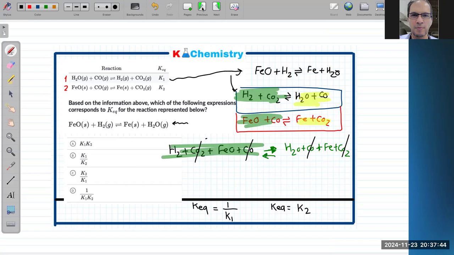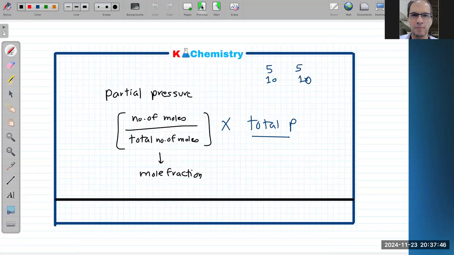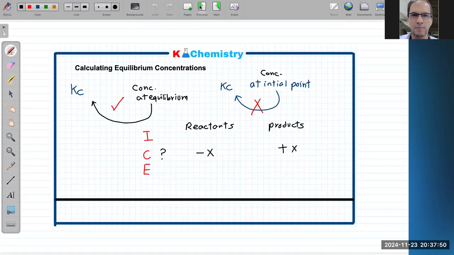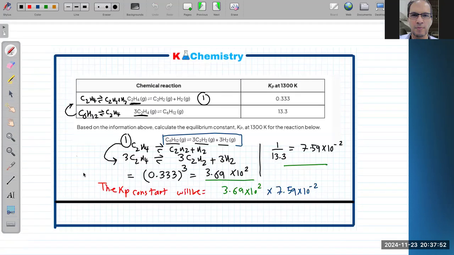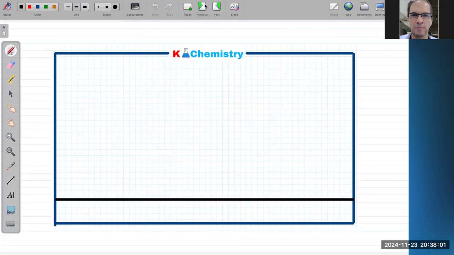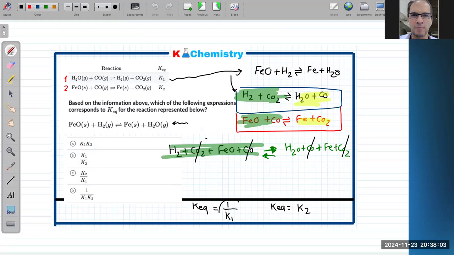Mr., you said, do you remember what we did last time in order to get the final? We multiplied the two by each other. Do you remember what we did, Yazid? I multiplied the first K by the second K. Here I will do the same thing. So what is the first K? That's equal to 1 over K1. And what is the second K? That's equal to K2.